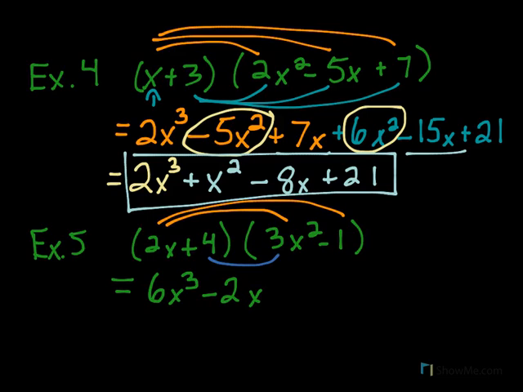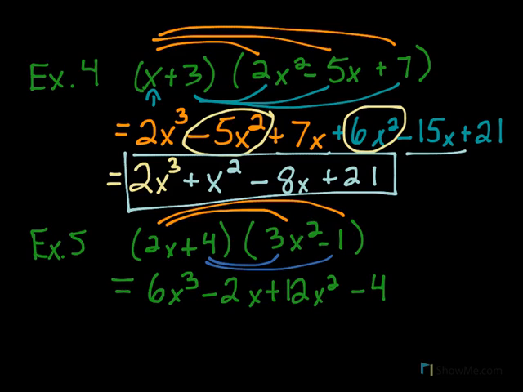And then we have the ones that are supposed to combine. 4 times 3 is plus 12, so we have 12x squared, and then 4 times negative 1 will be minus 4. Notice that here nothing combines. The reason nothing combines is because this was to the first power, but this is squared.